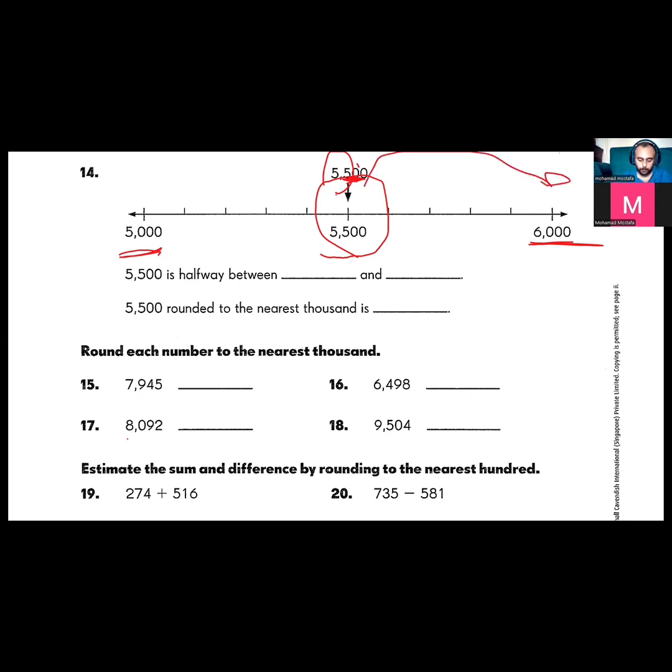So 5,500 is halfway between 5,000 and 6,000. So rounded to the nearest 1,000 it is 6,000, because if I walk all this way, I will not go back again, I will continue to this supermarket.